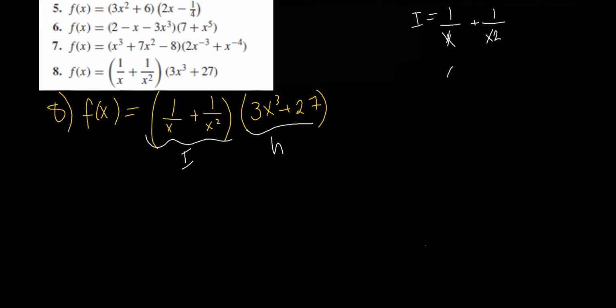So you can write it as x raised to the power negative 1 plus x raised to the power negative 2. Is it right? Yeah. Now I want you to find I prime.